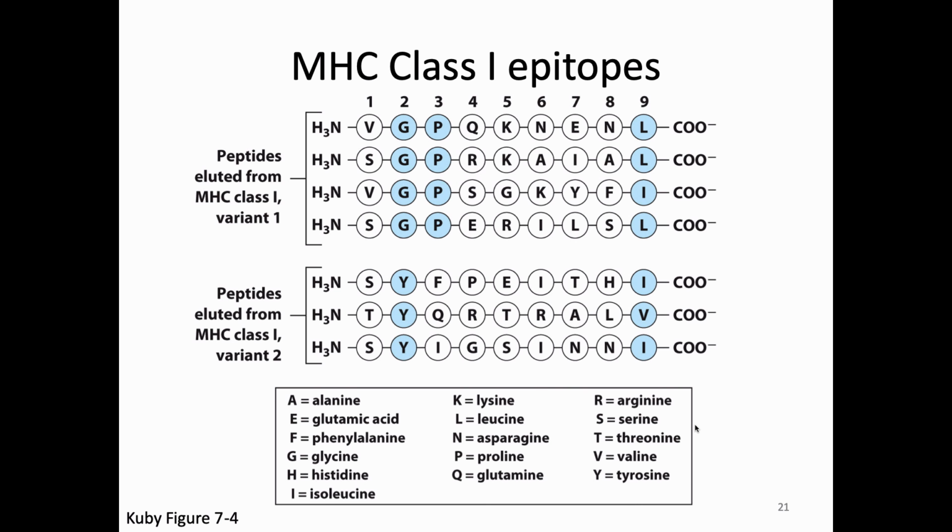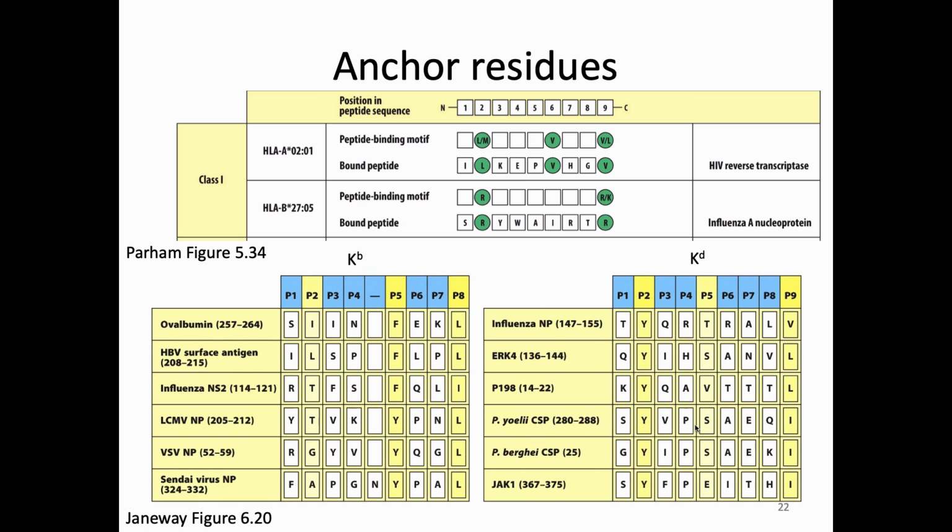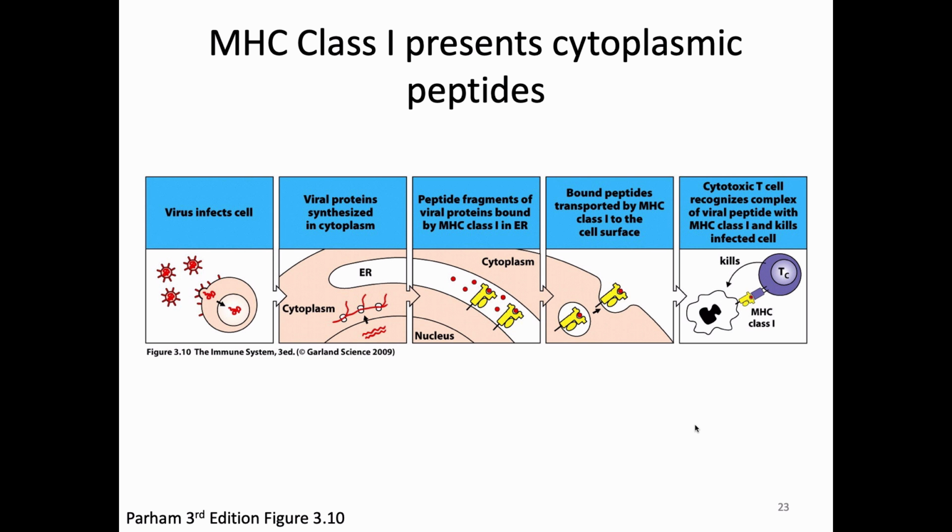So those are sort of the key things about the peptides that are bound by MHC Class I. One other thing I should say is that MHC Class I picks up its peptides in the cytoplasm. So peptides that bind to the MHC Class I molecule are peptides that were originally in the cytoplasm.